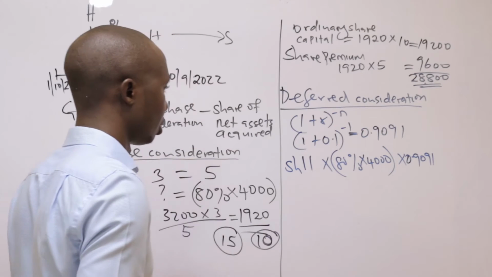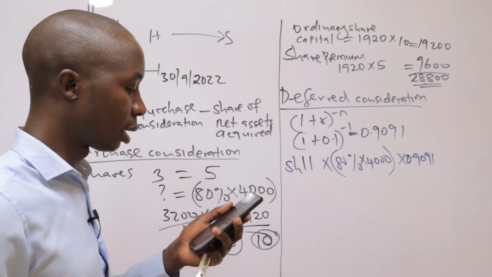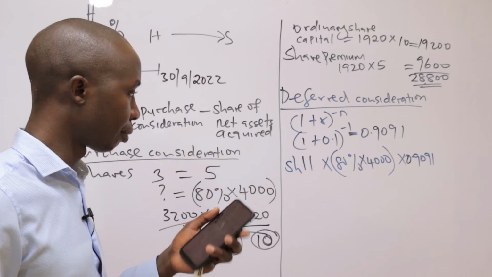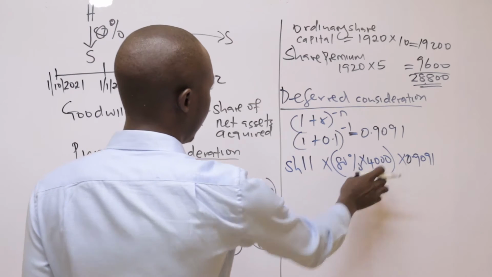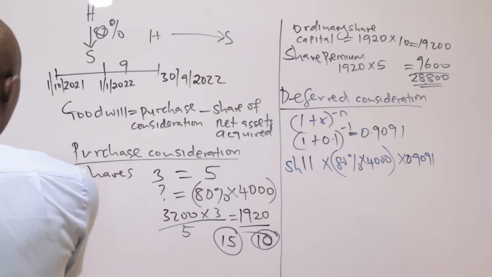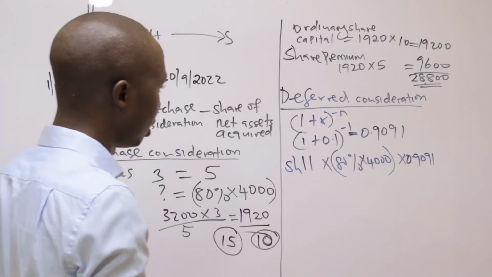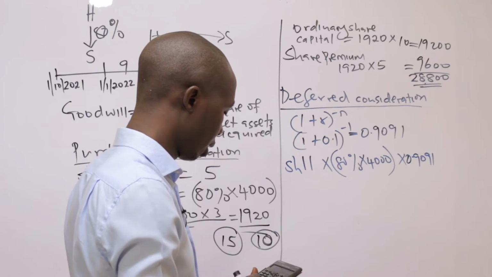We discount because they said shillings 11 per share acquired, so the 80% of the 4,000, that is 3,200.